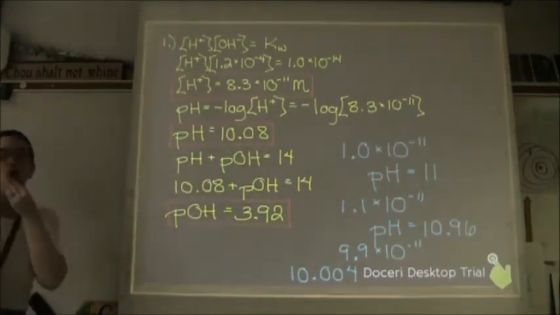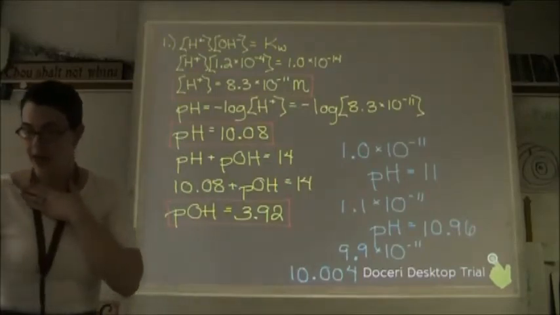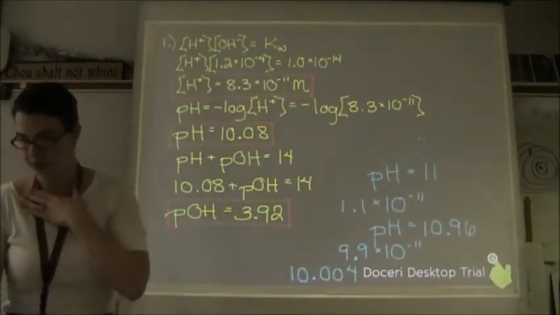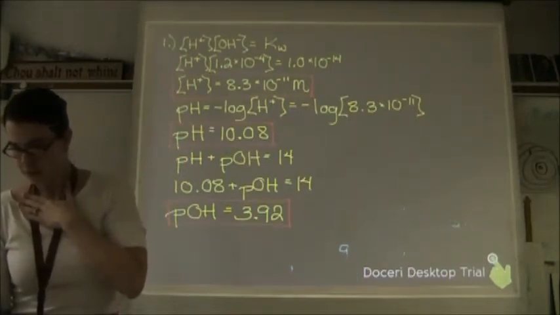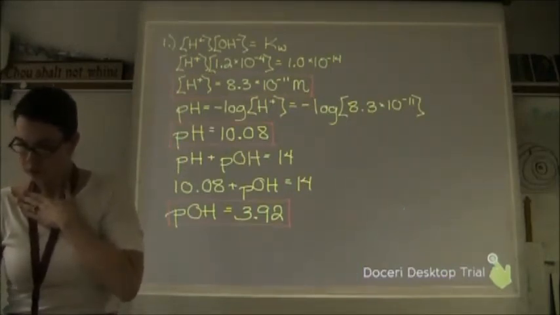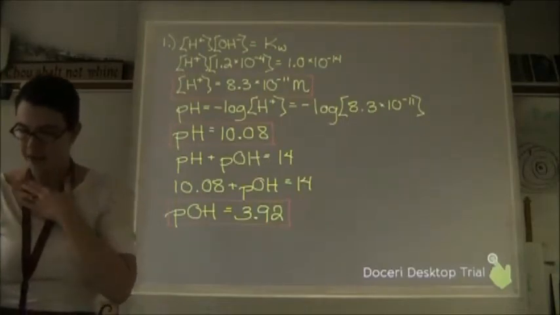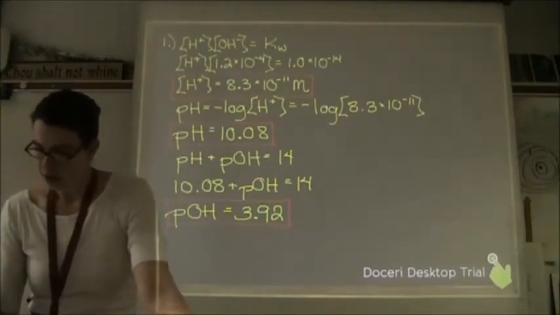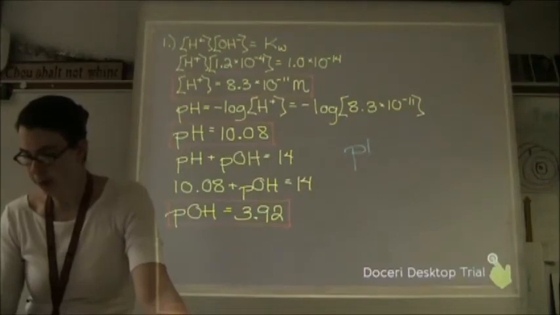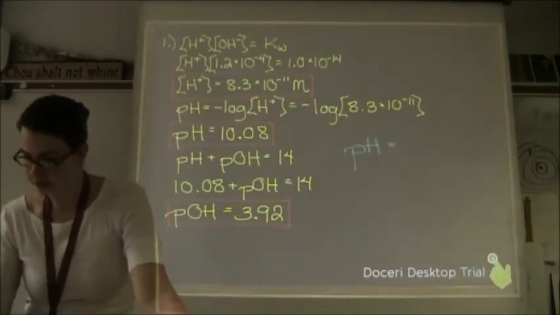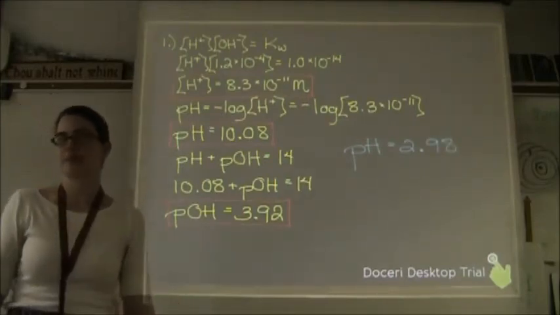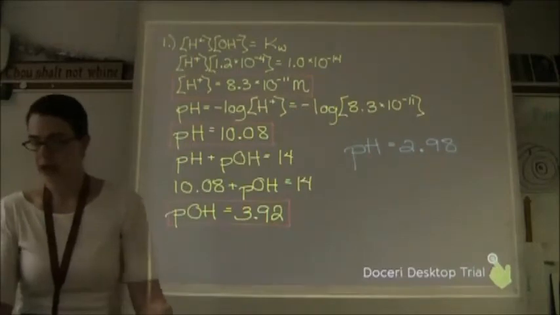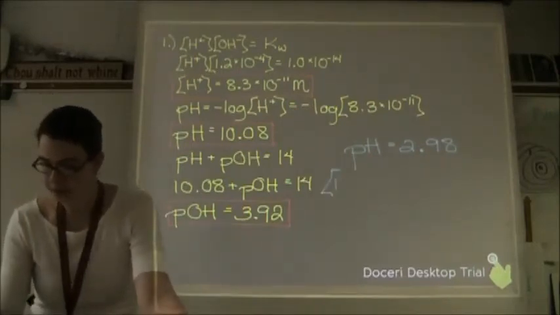All right, so let's go the other way. Let me erase all of this. What if I gave you a pH of 2.98? Let's go backwards.